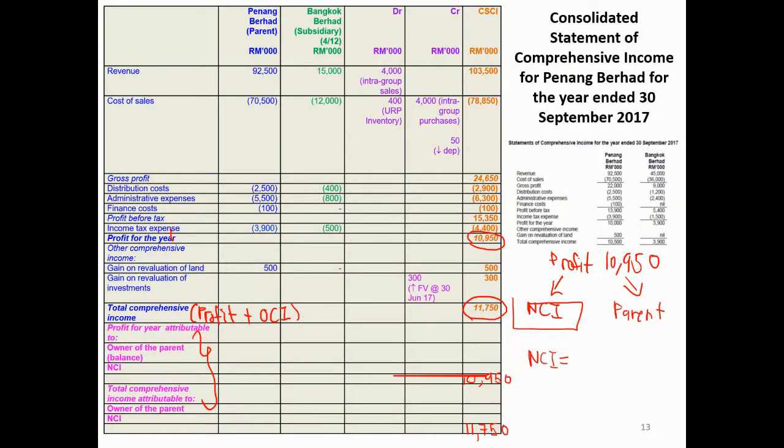This 10.95 million, how do we allocate to NCI? What must we do, the calculation for NCI, students? How should we split? We know parent is always the remaining amount. We always start off with NCI first. So how do we allocate this 10.95 million to NCI? What must we do, class?